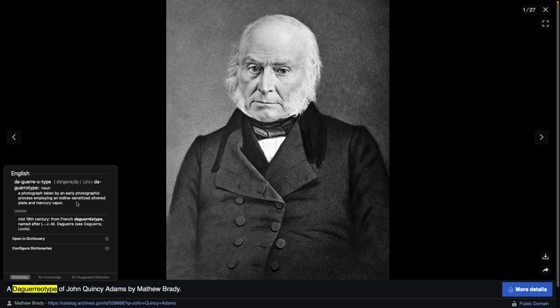All photographs have some sort of element that is sensitive to photons. In this case, it's iodine sensitive, and I guess it's getting bombarded with mercury vapor, which creates a picture. And it's called a daguerreotype. All right, you learn something every day.